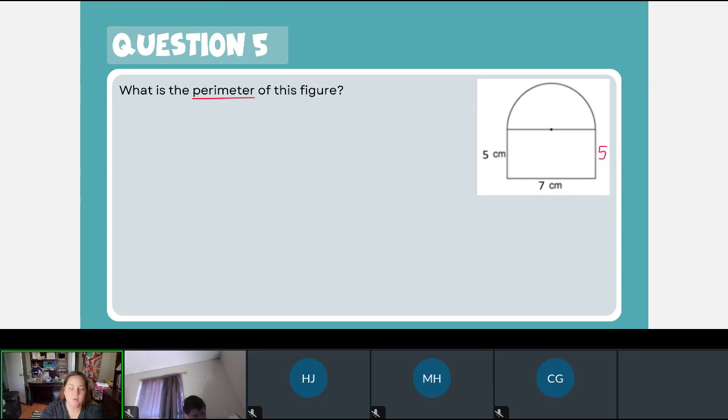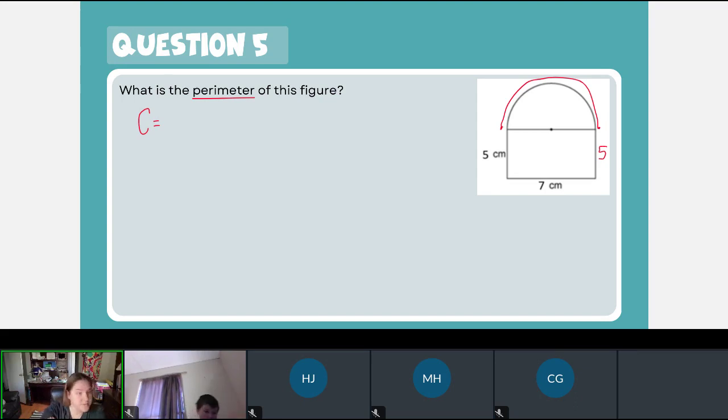So really all that we have to find is from here to here, right? The distance around this half circle. So to do that, we have to find the circumference of the whole circle, and then divide it by 2.